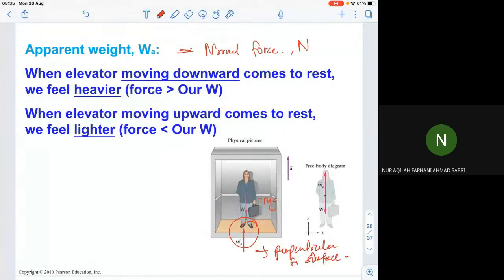In this case of the moving elevator, we can say that the normal force is the apparent weight, because it will keep changing. Your weight is always fixed, due to your mass and gravity, except if you did the experiment on the moon or on other planets that have a different gravitational acceleration.